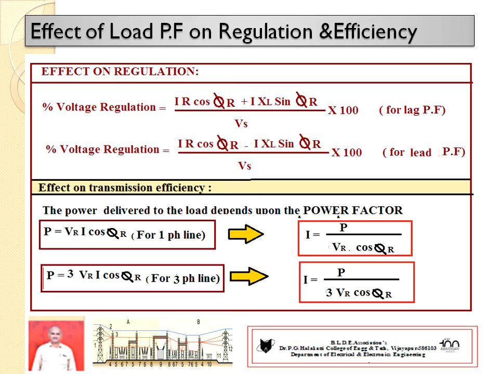Current should be equal to power divided by 3 times Vr cos phi r. But while taking the voltage, always remember the voltage given in the problem is the line voltage. We have to convert it into phase voltage.